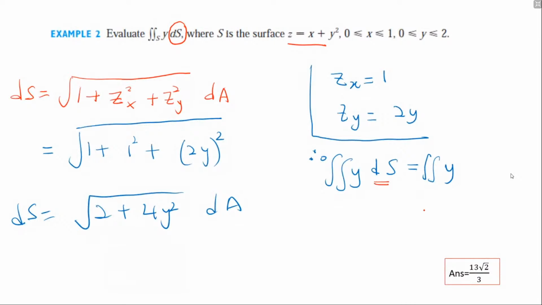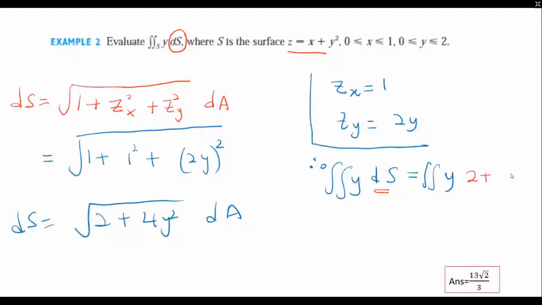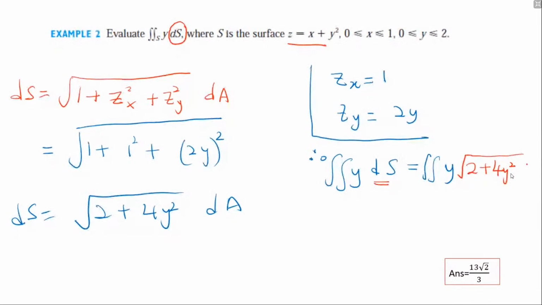You change this dS equivalent to the square root of 2 plus 4y squared. Okay, so the A here depends on x from 0 to 1. Here I want to solve first because I have variables y.